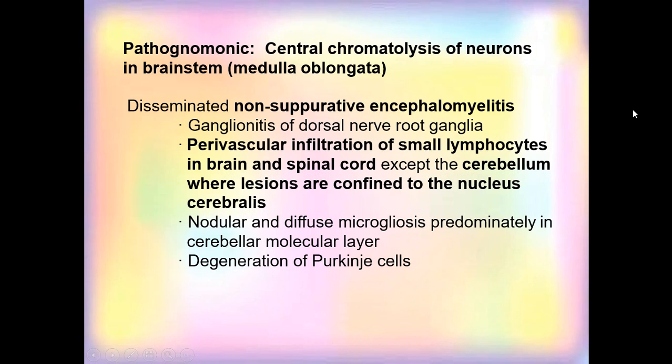However, the pathognomonic lesion is the damage in the brain, and this is found exclusively in young chickens. At 1 to 6 days the clinical symptoms already appear, and can last until 4 weeks old. What we can find is necrosis of the neuron called central chromatolysis, in particular seen in the brainstem, in the medulla oblongata, just between the cerebellum and cerebrum.